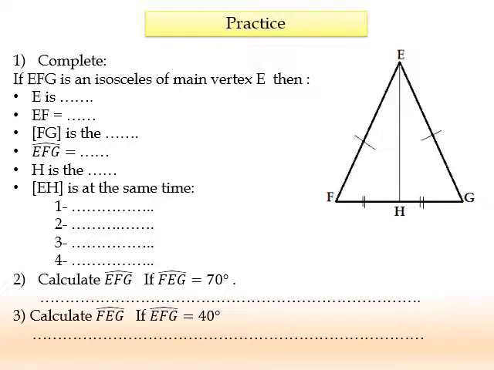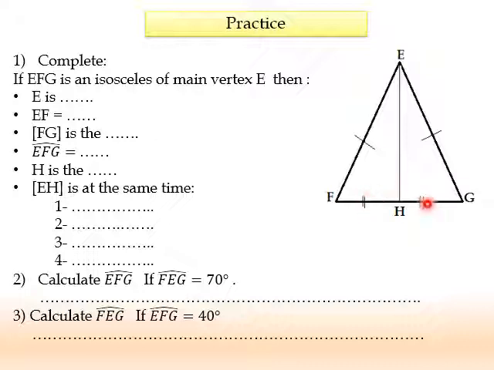Now, with the practice, please, you have to focus well on the figure. I'll explain the figure to you. EFG is a triangle. We have that FH equals HG. So H is what?